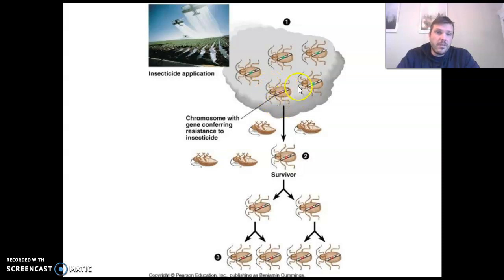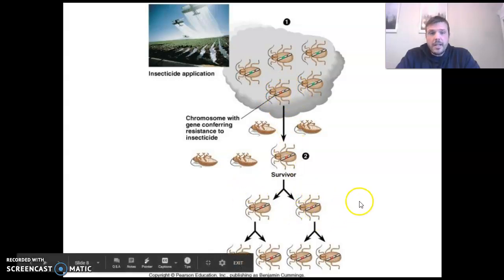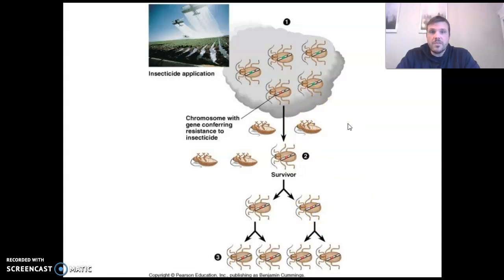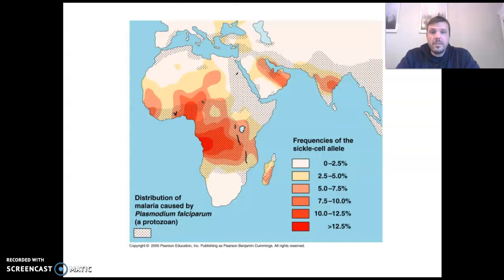Well, if it's one of the few survivors, it's going to pass that gene along, and when it does, its offspring are likely to have that gene as well, and we could create an entire species that is resistant to that insecticide.